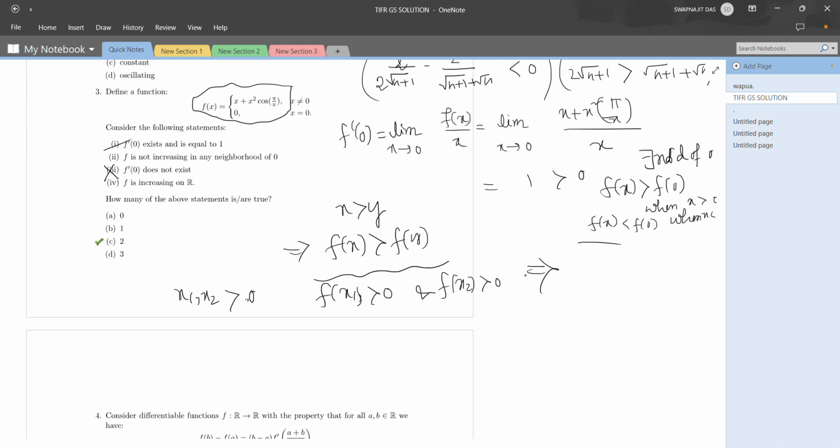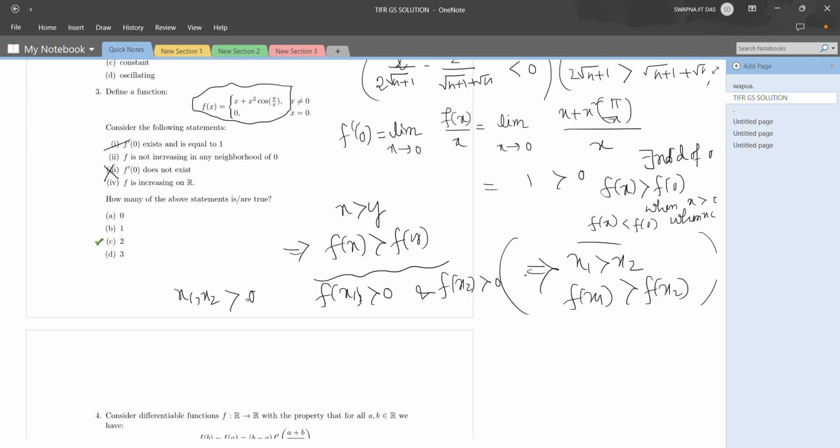That doesn't imply that x1 greater than x2 implies f of x1 greater than f of x2. Is it clear? Possibly I will make a different video for this particular problem, because this is a very important example and many students have some confusion regarding this.